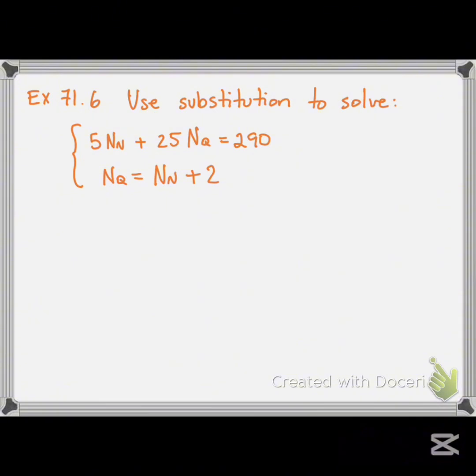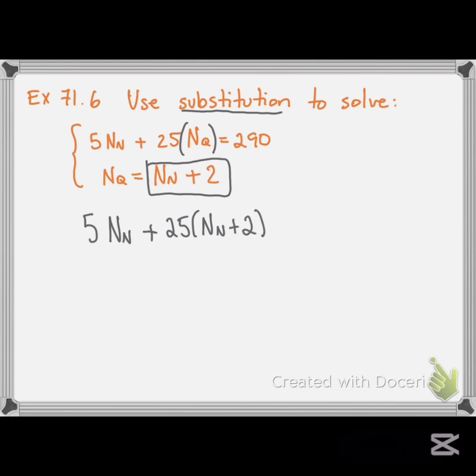We're gonna do, in this case, substitution, and they give it to us ready. They say nq equals nn plus 2. So we're gonna change in the one on the top, the nq for nn plus 2. Remember to use parentheses. So instead of nq, I write nn plus 2, and then I have that equal to 290. Then we get rid of the parentheses by doing distributive property.